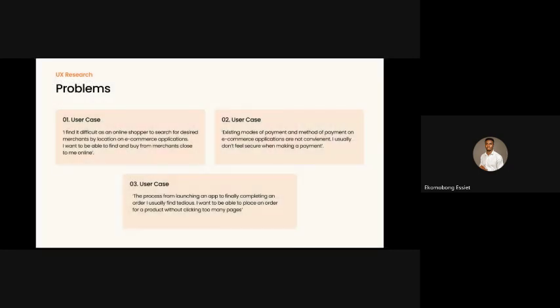Based on the user research, we found out that most people had certain problems they really wished they could have solutions for. The first was someone who found it very difficult to get vendors or merchants of goods around her area.